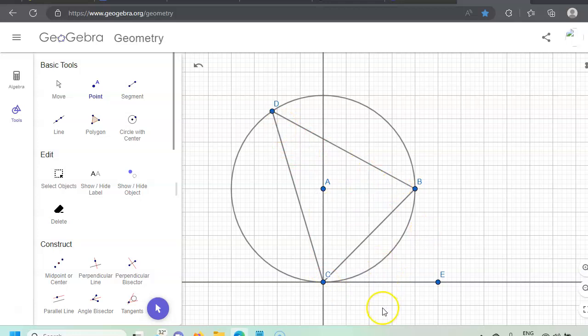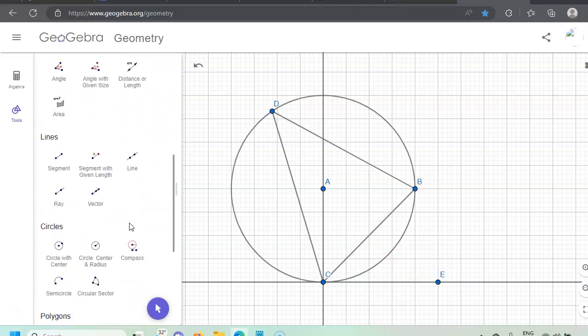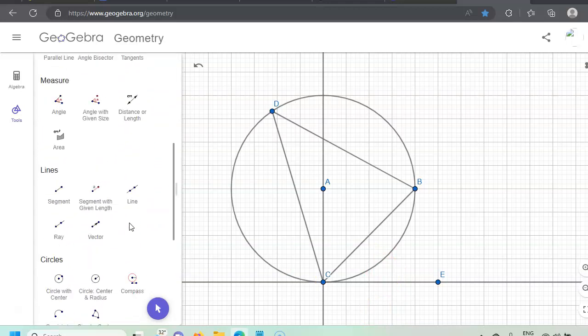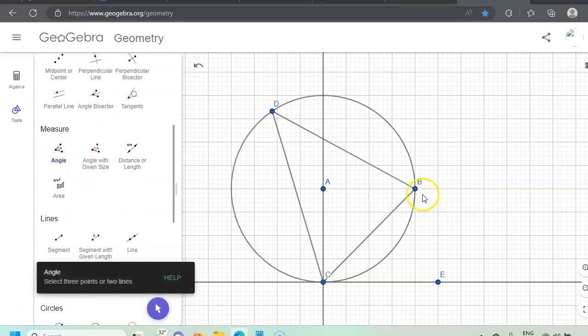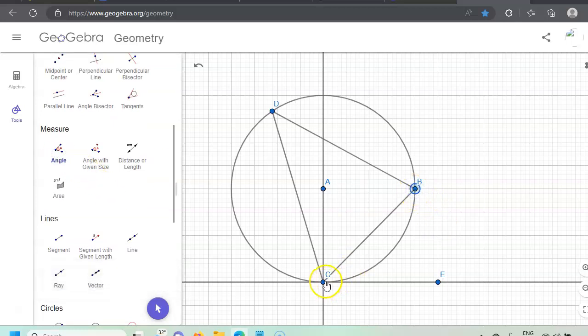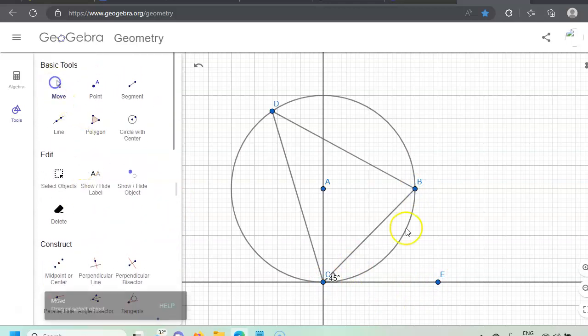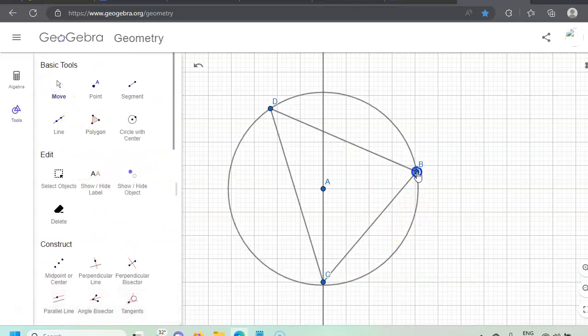Okay, so we are now going to measure. Angle BCE is 45 degrees. So let's change that. Let's move B here.